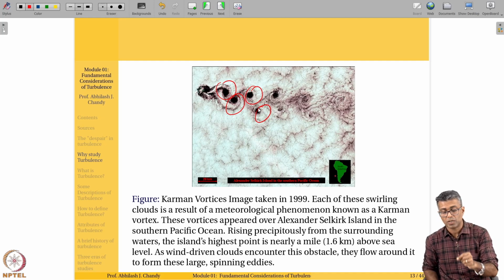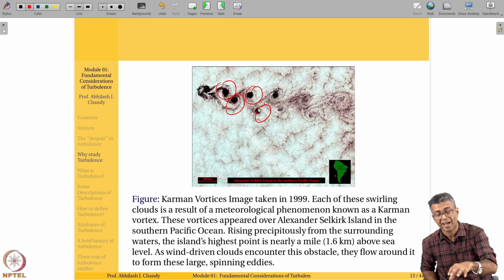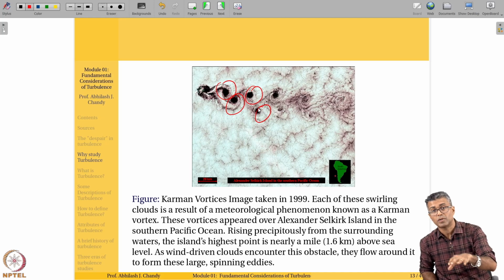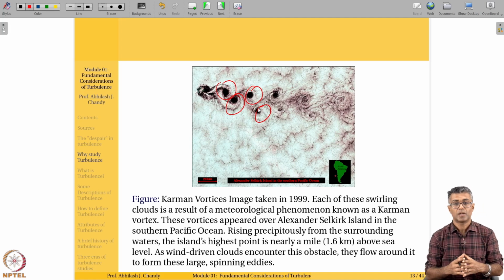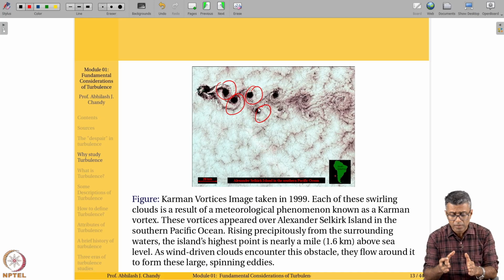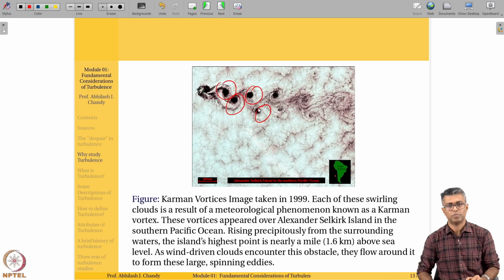It is important to understand what implications these patterns have. Are these patterns going to recur every year, every month? If they happen more than usual, does that change the weather in that region? It's these kind of questions that we need to answer in order to understand why we need to study turbulence.